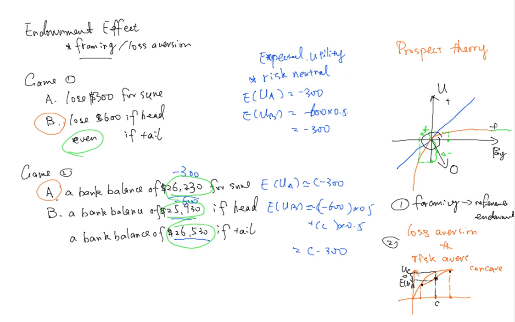Although we made an assumption of risk neutral here, this is purely for the sake of demonstration. You can actually work out a problem that has a risk averse agent, and the same conclusion will go through.